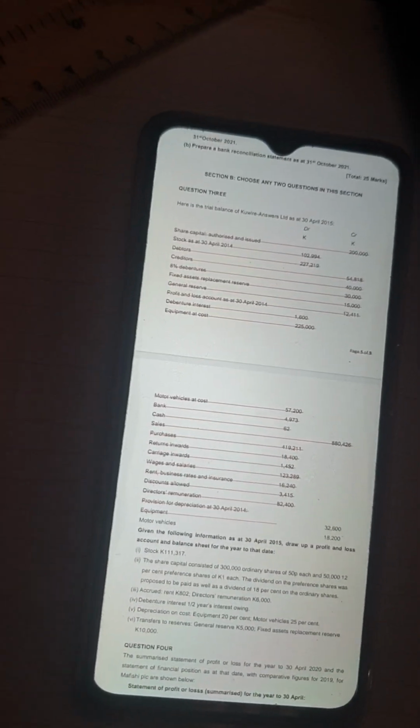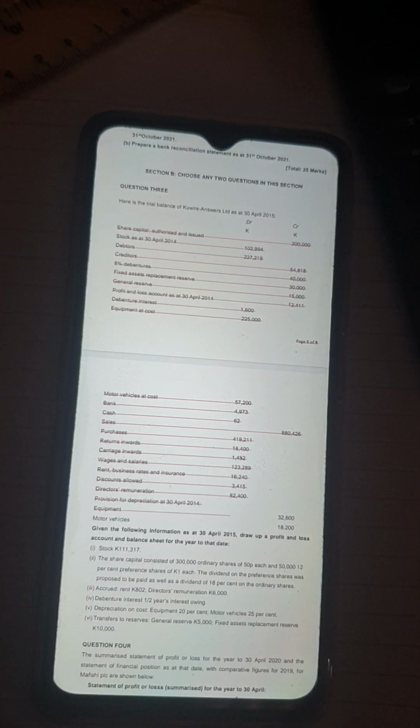Rates is the amount of money the business is paying for using the land of a different person. And insurance, if they insure that same land or building. So for rent, business rates, and insurance, according to the question, we have 16,240.